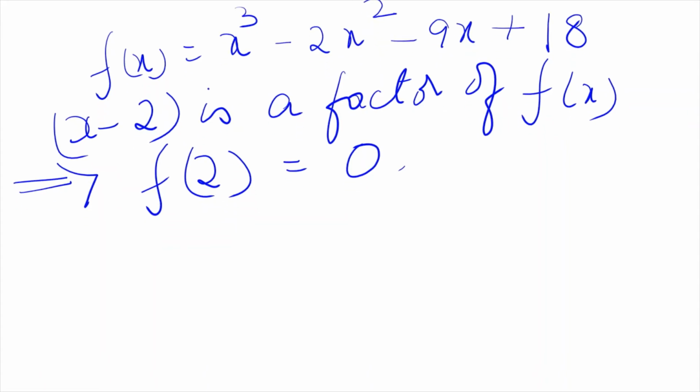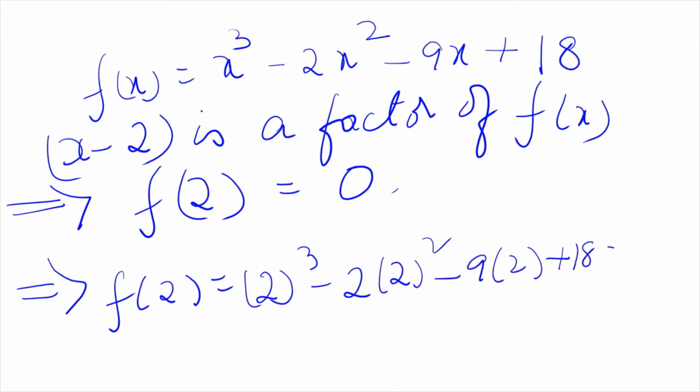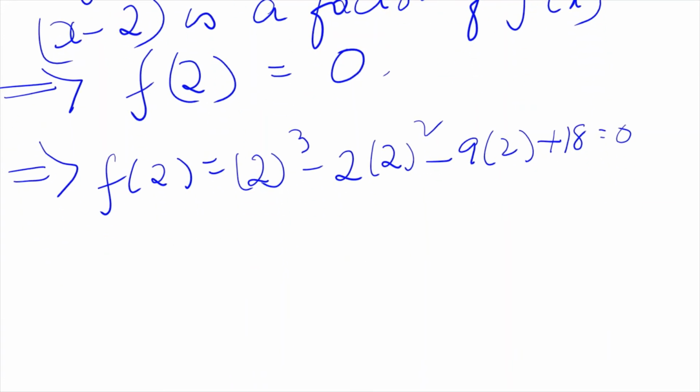So this implies f of 2 is what? x to the power of 3, that is 2 to the power of 3, minus 2 into 2 square, minus 9 into 2, plus 18 is equal to 0. Okay, so this implies 2 cube is 8, minus 2 square is 4 into 2 is 8, minus 9 twos are, one second. Sorry, so this is proved, it is 0.